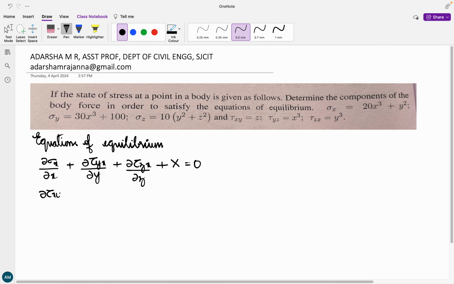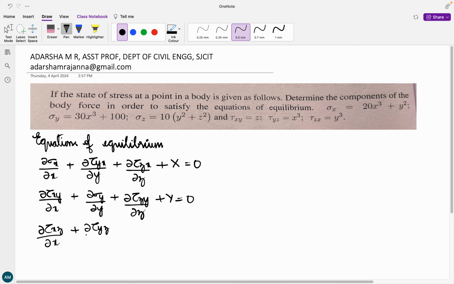Similarly, dou tau xy by dou x plus dou sigma y by dou y plus dou tau zy by dou z plus body force y equals 0, dou tau xz by dou x plus dou tau yz by dou y plus dou sigma z by dou z plus body force z equals 0.